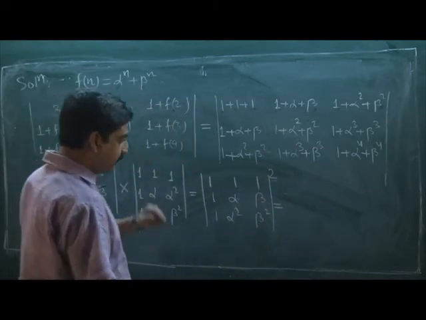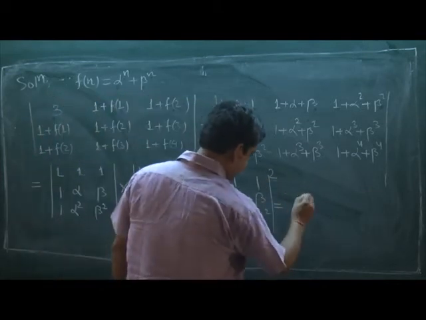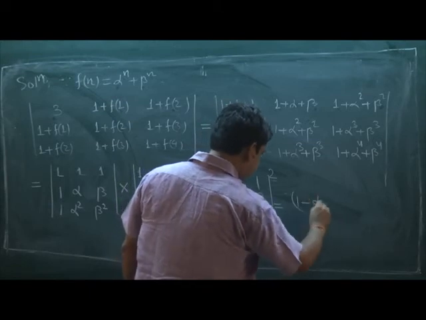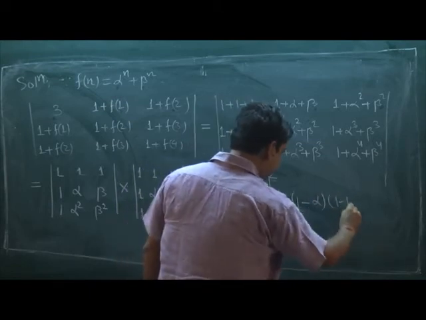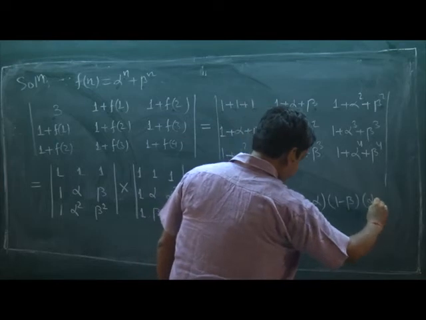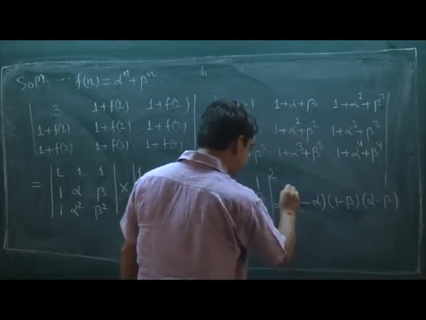When we simplify this, we get it as (1 minus alpha)(1 minus beta)(alpha minus beta) whole square.